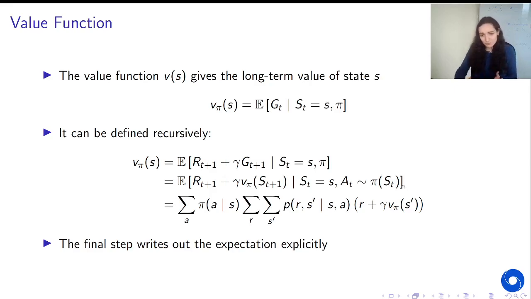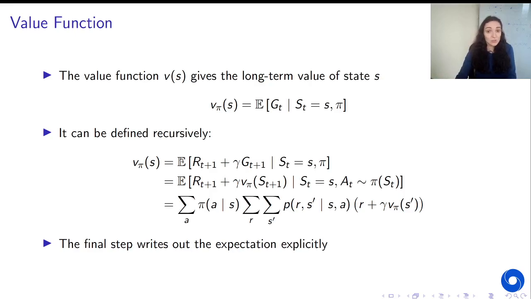We're going to start here with the definition of the value function for a policy pi, which is the expected return that we're going to get starting from state S, and we're going to expand this recursively. So this is the reward that we're going to get at the next step, plus what's going to happen in the future. So this is the return at the next time step.